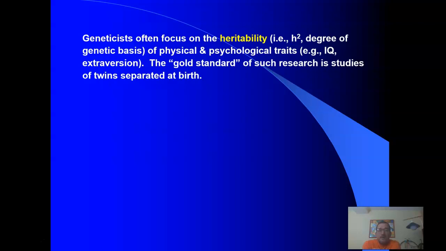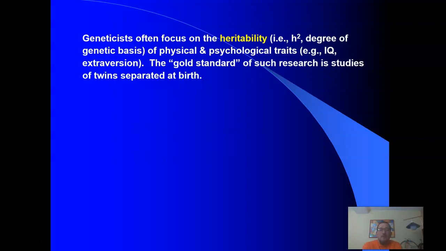And you simply correlate one twin's score on some trait that you care about and the twin's exact twin on that same trait. And if you see very high correlations, you draw the conclusion that that trait must be inherited because twins share all their genes, or virtually all of their genes.